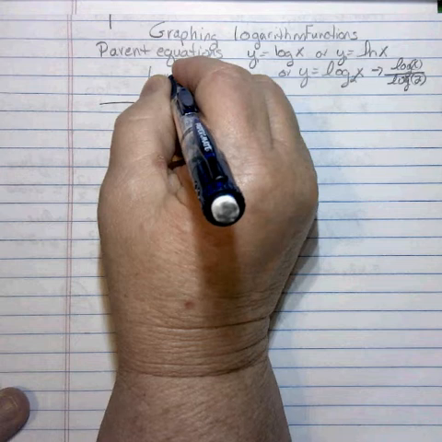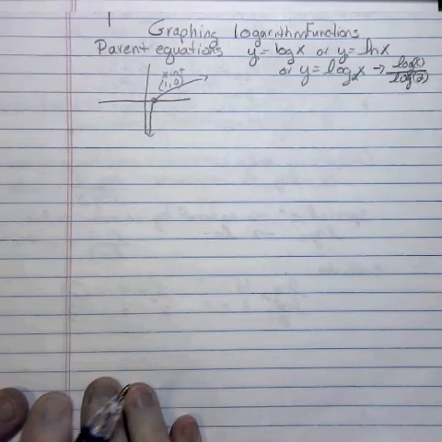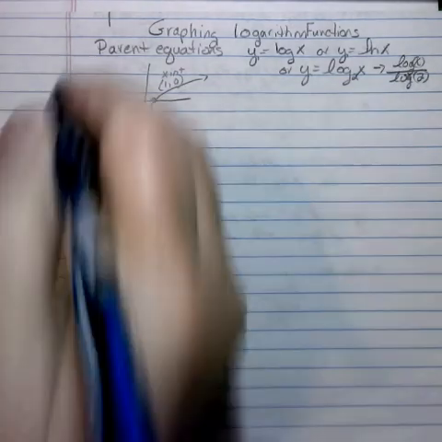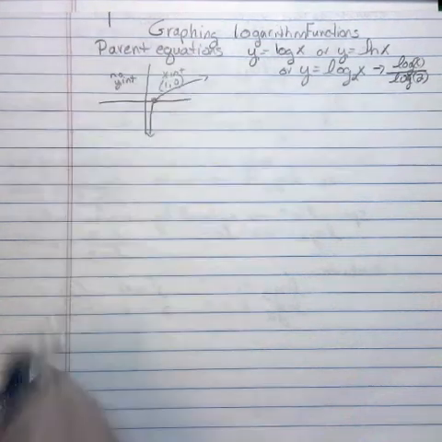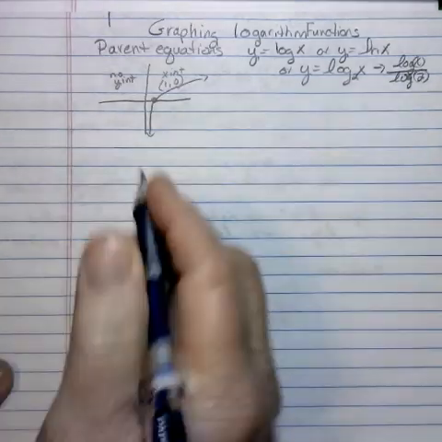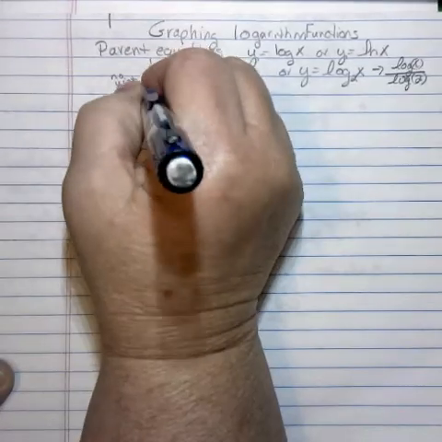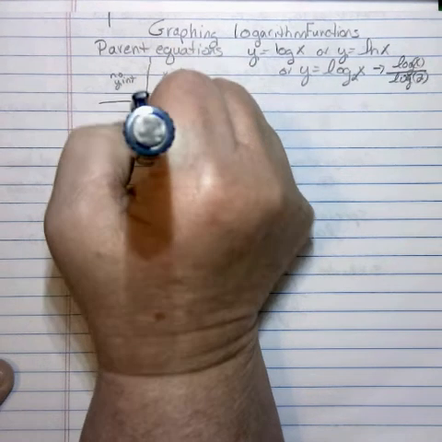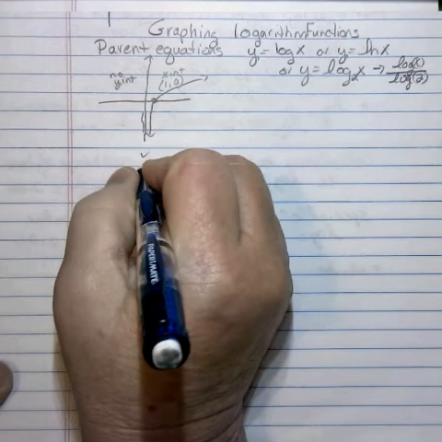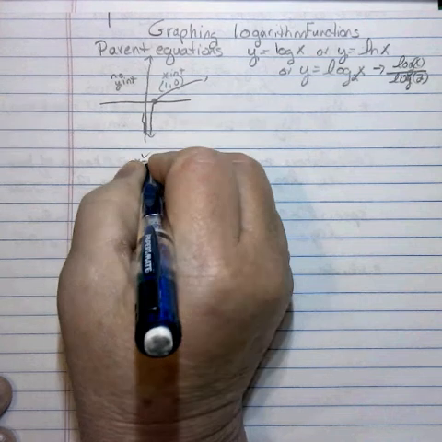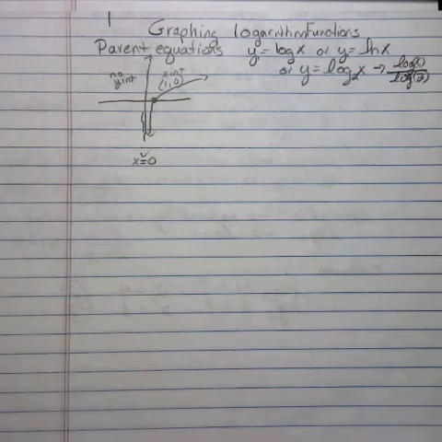So that is its x-intercept. It does not have a y-intercept. It has an asymptote that is a vertical line, and that asymptote is x equals 0.